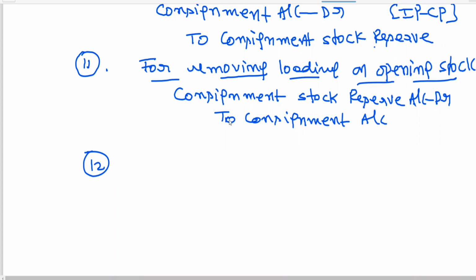How to value abnormal loss we will be learning. But before that, let me give you the entry for abnormal loss. Clear to all of you? Let me give you an entry for abnormal loss.